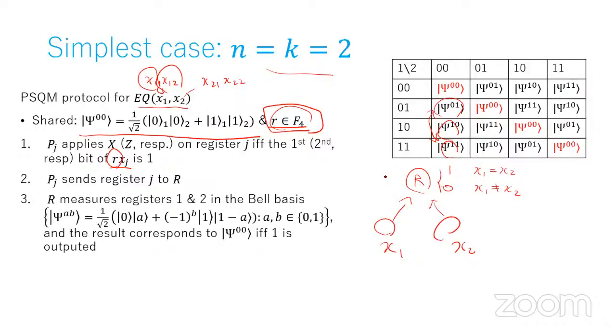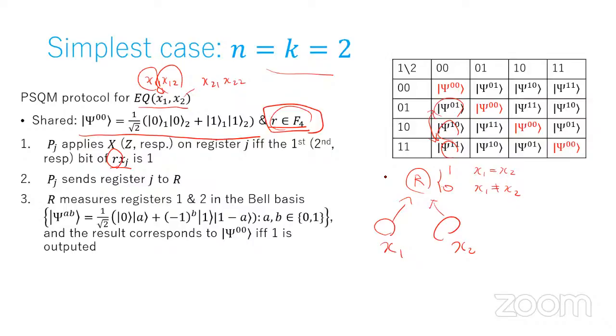If the two Pauli operations of the two parties are the same, then we also have the maximally entangled state unchanged, like in the red ones.